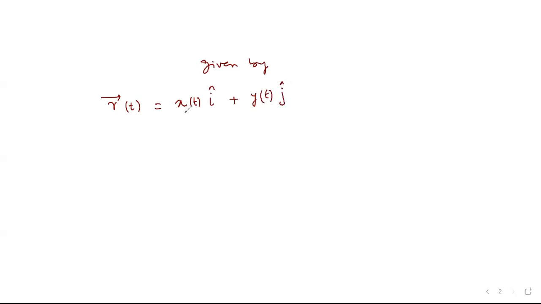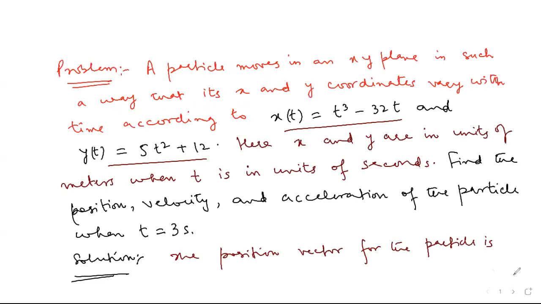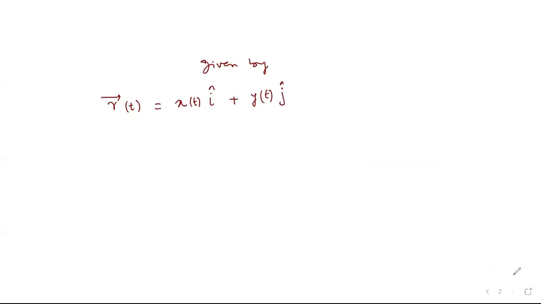You can see the coordinates of the particle become the components for its position vector. X is x coordinate of the particle, y is y coordinate of the particle. They are changing with time according to the given equations. So the position vector is time dependent.